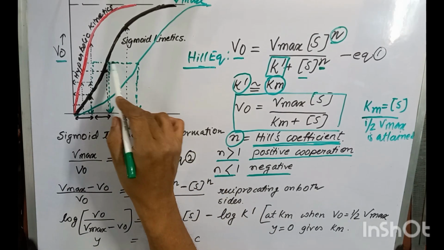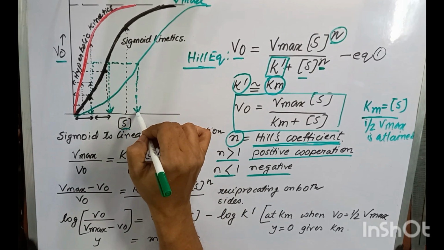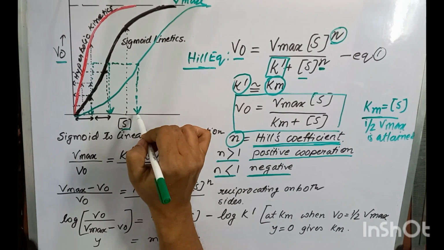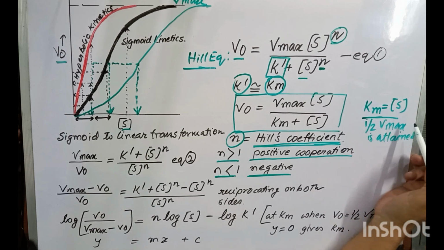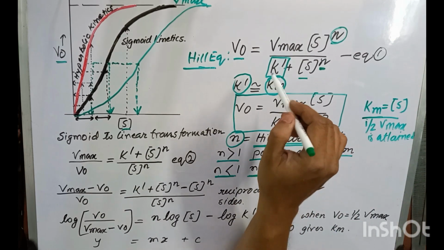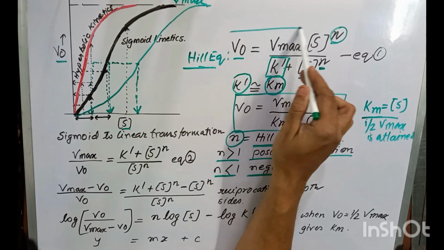When the Km value increases, to reach half of maximum velocity, you need more substrate. That means the affinity of the enzyme towards its substrate has lowered.